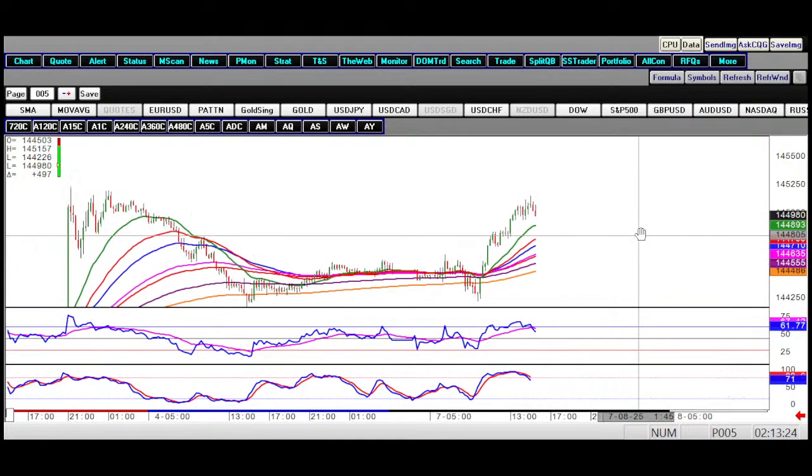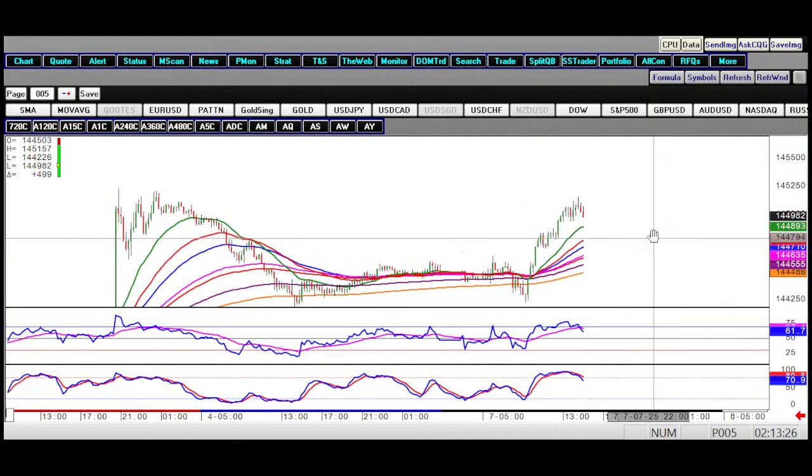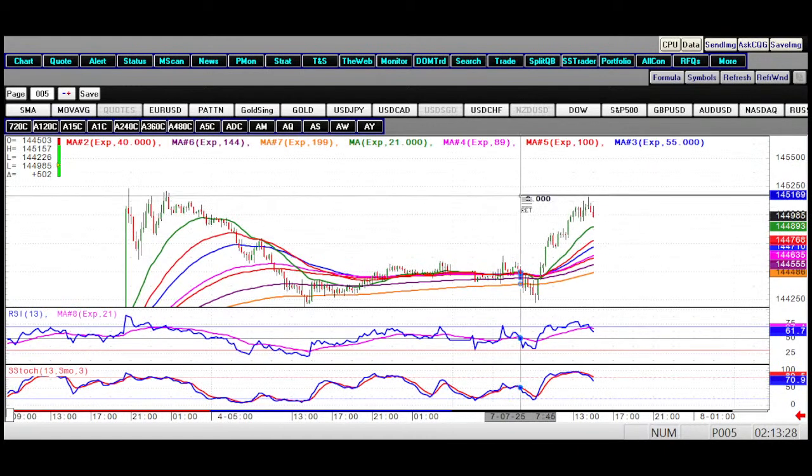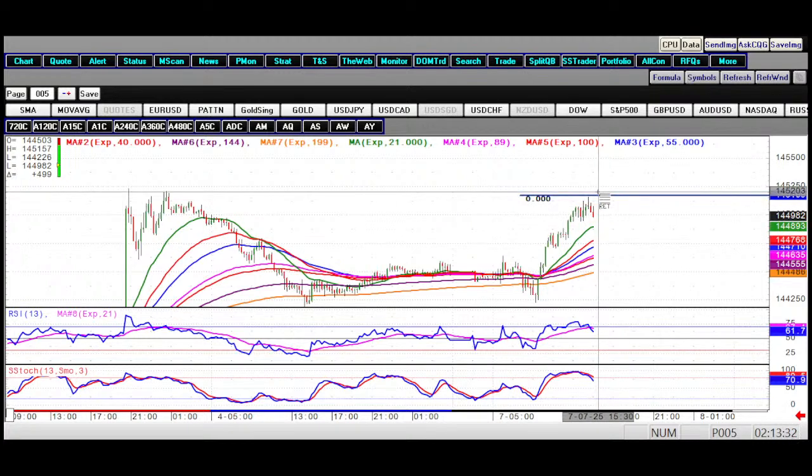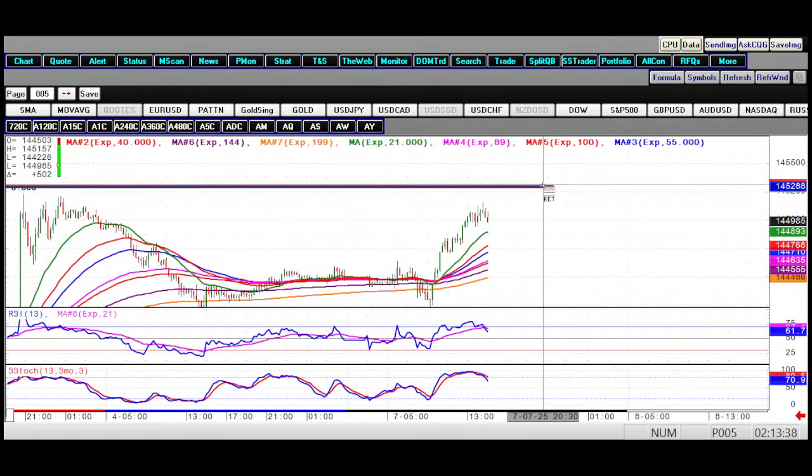Then we would go for a TP at 145.20. That means there is only about 40 pips, and again the expiry should be within 1.5 hours, not more than that, because the more time we give, the further the price should be.